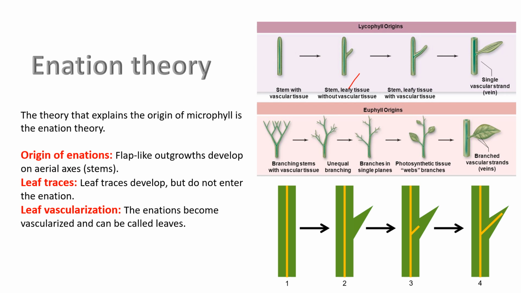Leaf trace means the vascular beginning of the leaf. It does not have any. So it is simply a leaf-like structure of small size without any vascular bundle that conducts water, without any stomata. It's just an appendage. So this is a stage that represents Psilotum better.